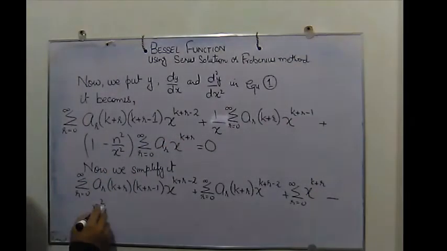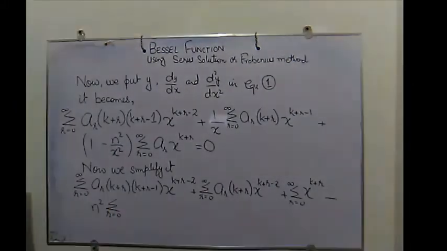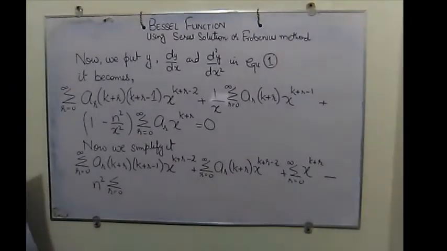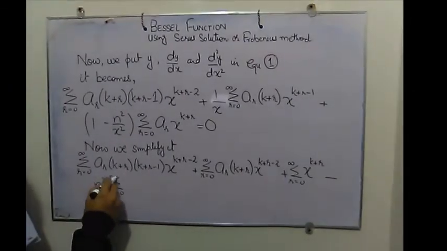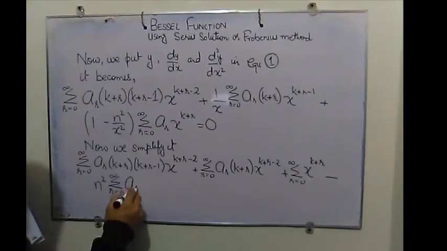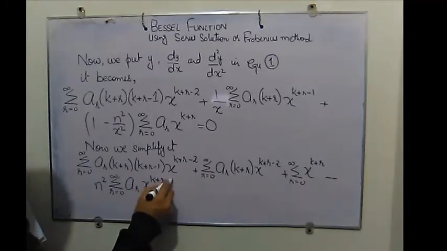So we will get n square, which is outside the summation, r is equal to 0 to infinity a_r x^(k+r-2).